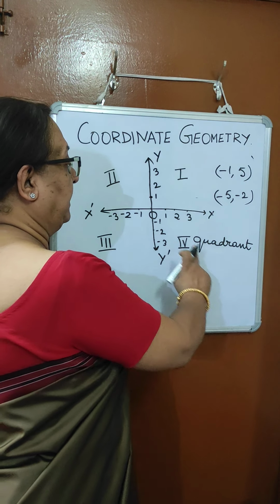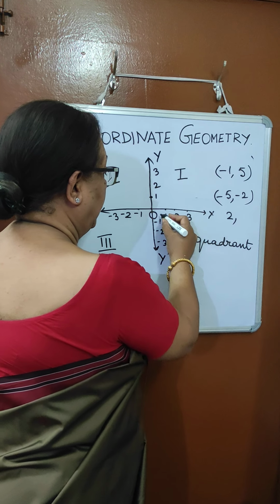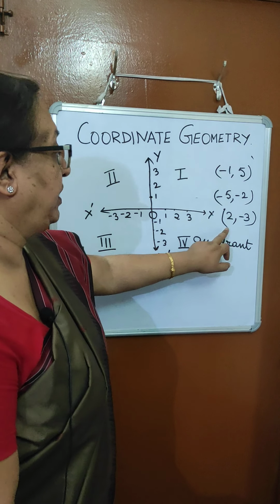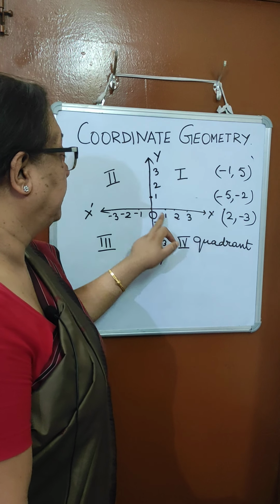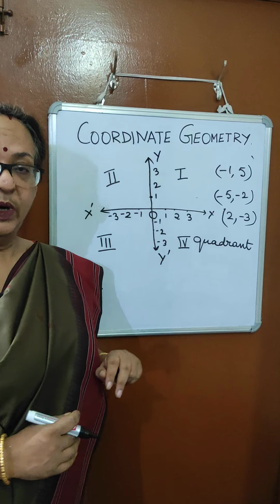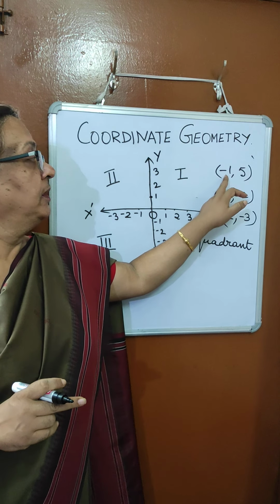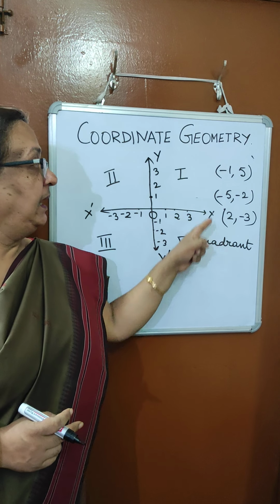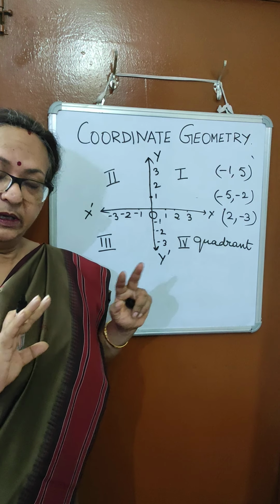One such example will be 2, -3. The first number is positive and the second is negative. So this point will lie in the fourth quadrant. Okay children, so understood. Just by looking at the points, you can say in which quadrant the point lies.